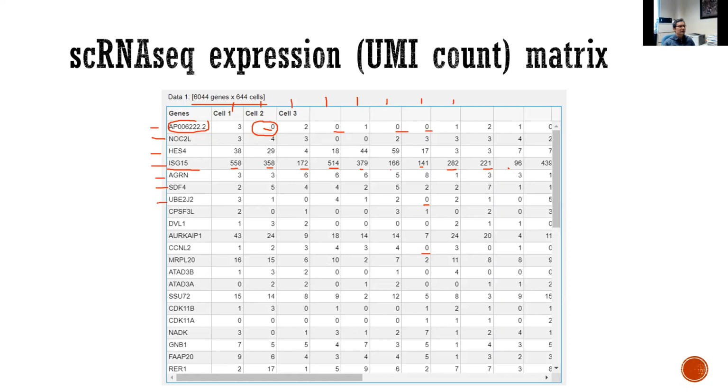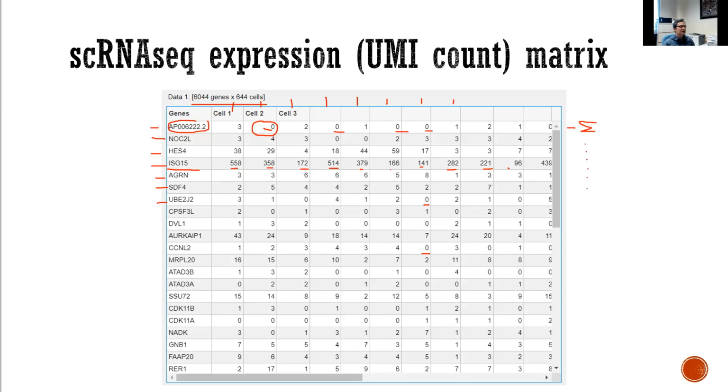Once you have a matrix like this, the first thing you may want to do is sum each row. If you sum all the values in a row, you get the total expression of this gene across all the cells you have measured. You want to do this for all the genes.